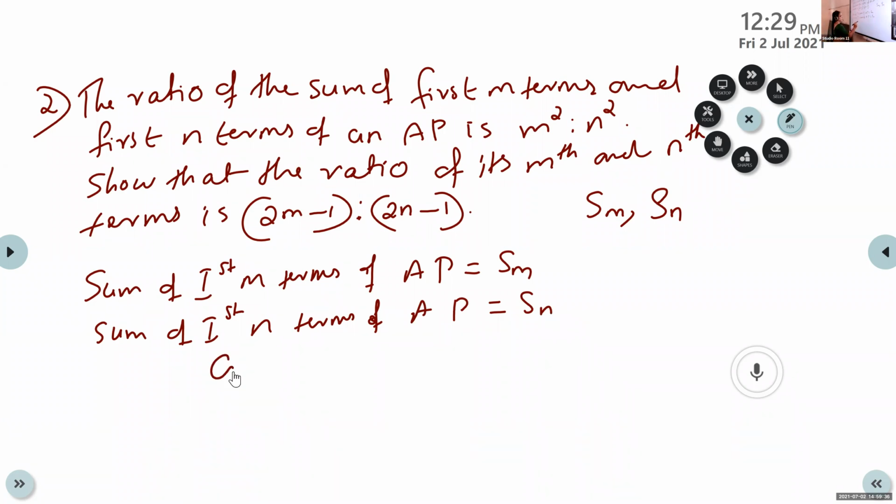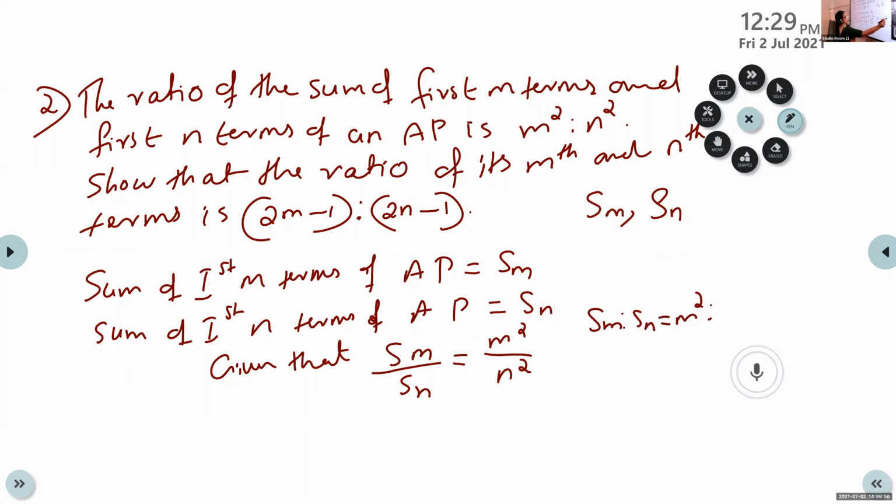Given that Sm by Sn equal to m square by n square, their ratio. Sm is to Sn equal to m square is to n square.